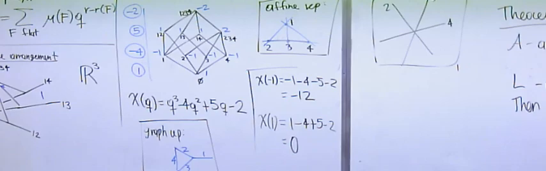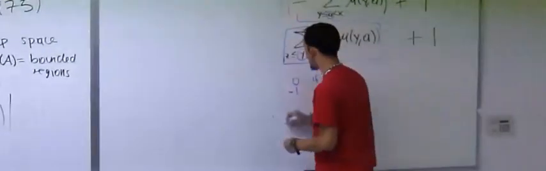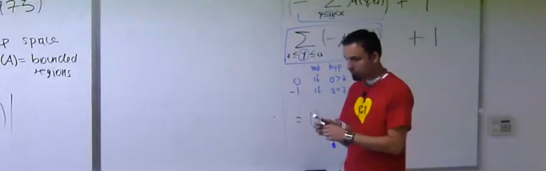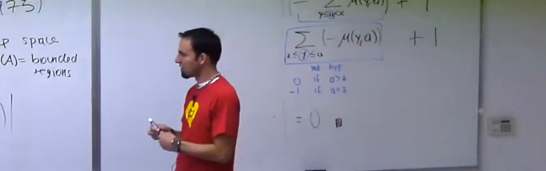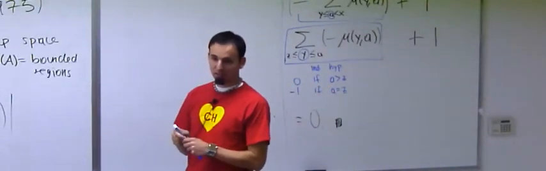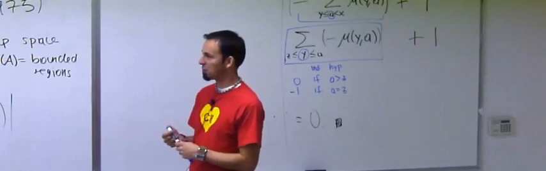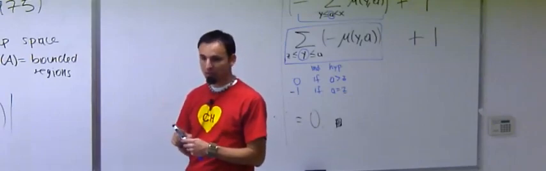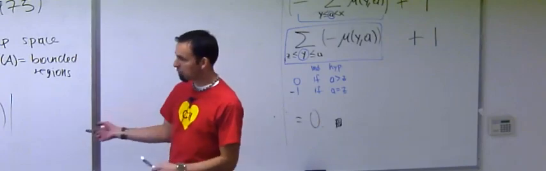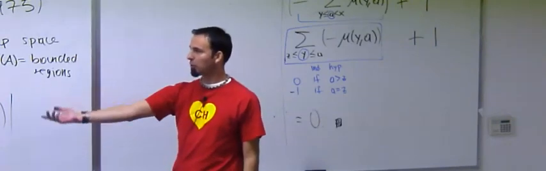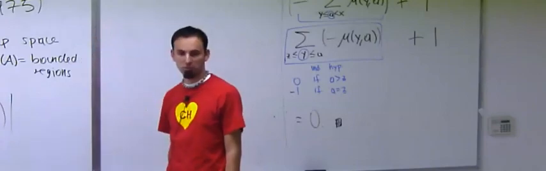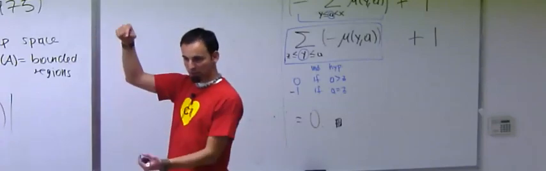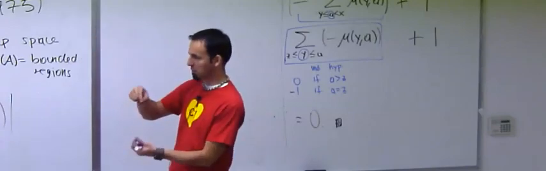My poset's going to look different from this. It's not going to have a minimal or maximal element or something. So, right, what Kim is saying is that when you plug in 1 into the characteristic polynomial, you're always going to get 0. The reason being that if you plug in 1, then all you're doing is adding up the Mobius numbers, and they add up to 0 because they're the numbers from the bottom to the top.